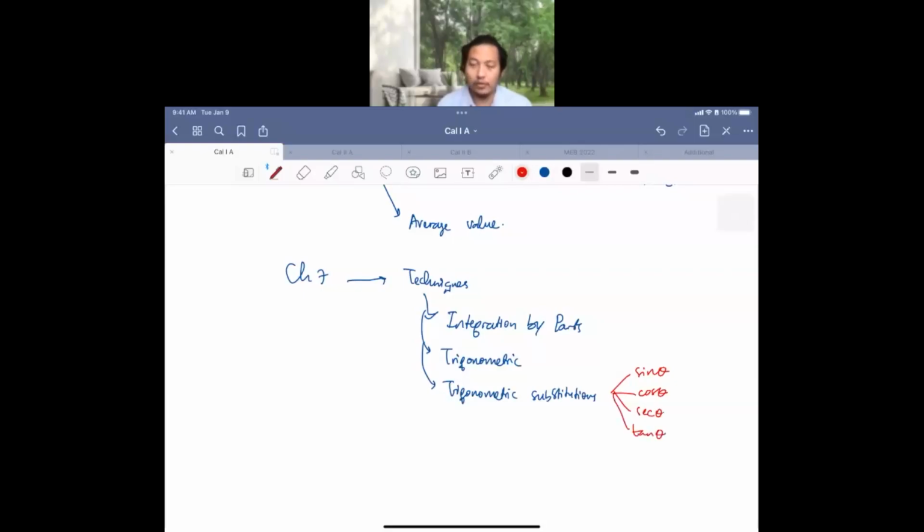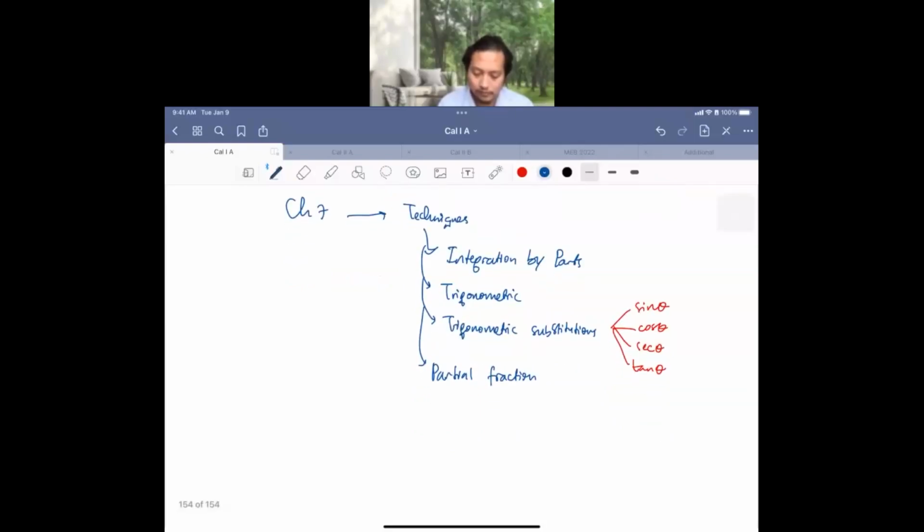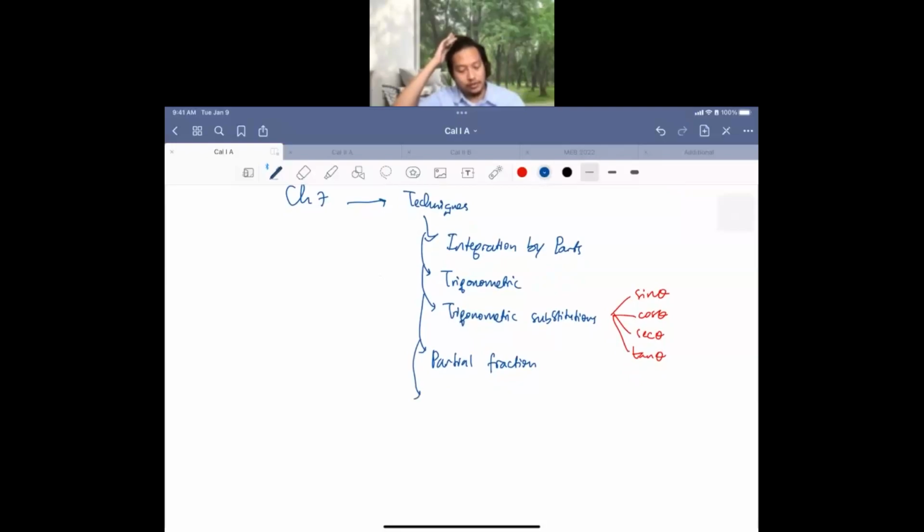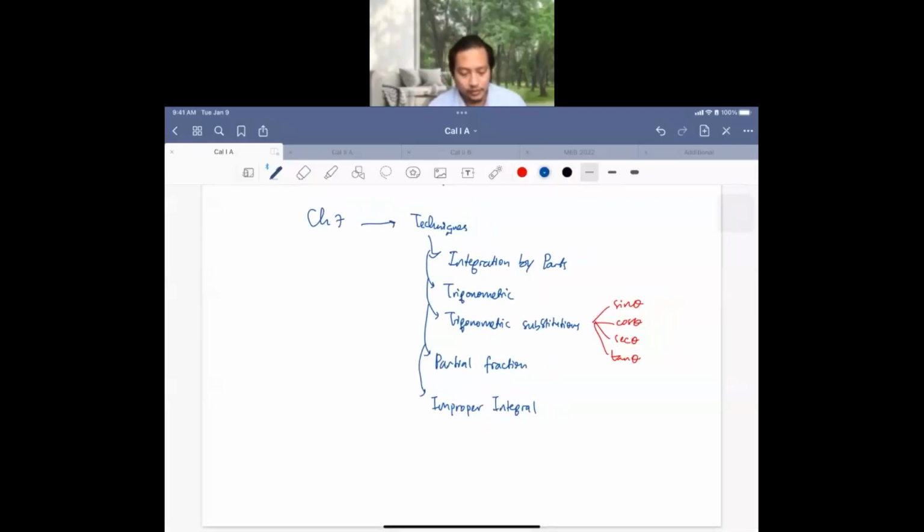These are the four substitutions that are common. Also, we have partial fractions. And we also have the improper integral, right? Okay, I think that's most of it for the techniques. And chapter 8, we have the arc length and surface area.